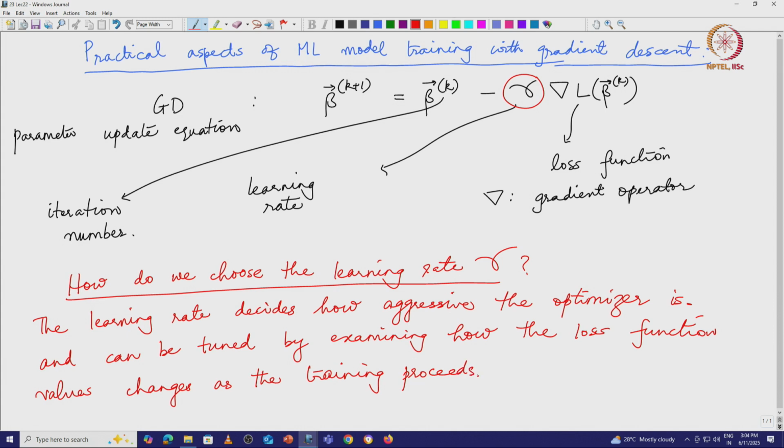So basically we have to monitor the loss function and see how it is changing.